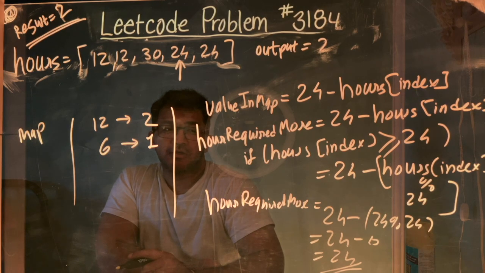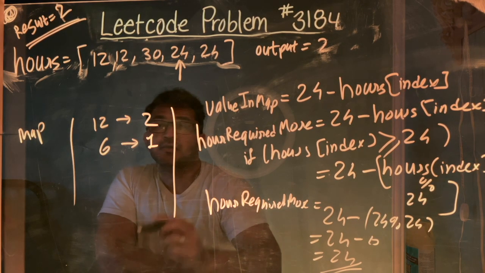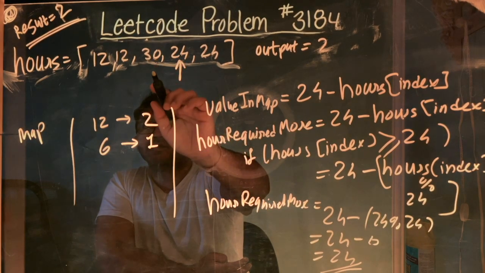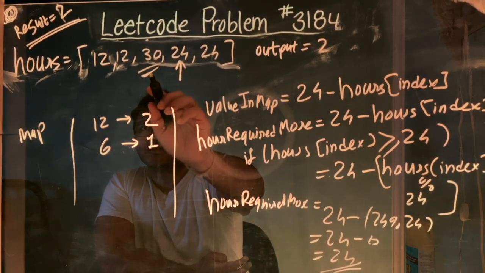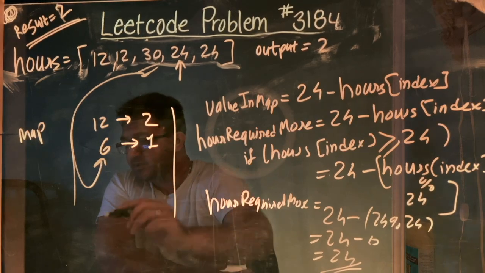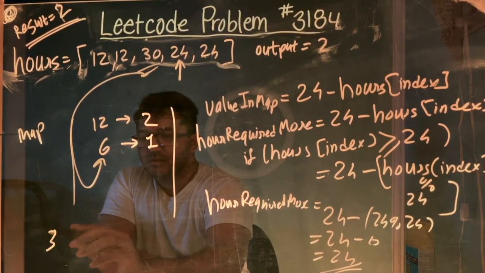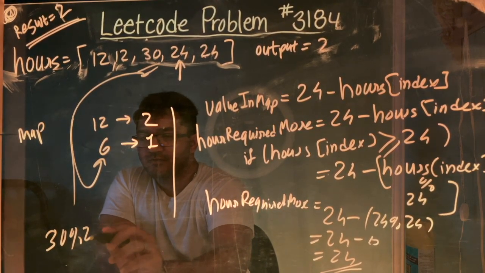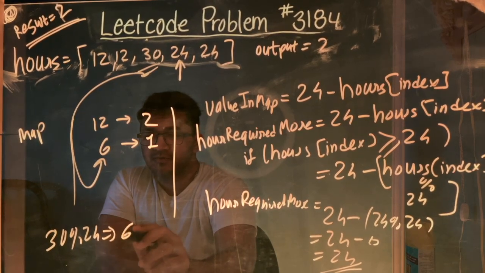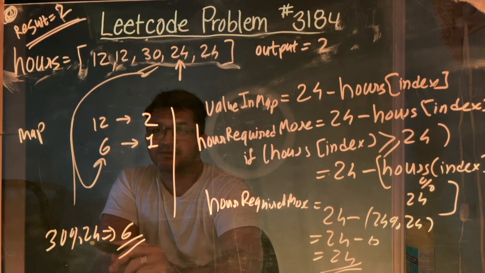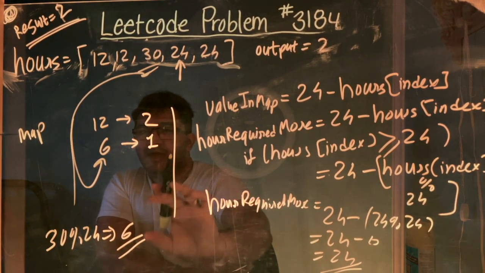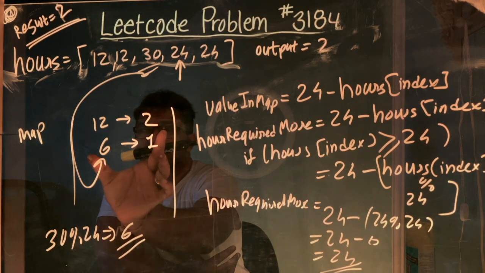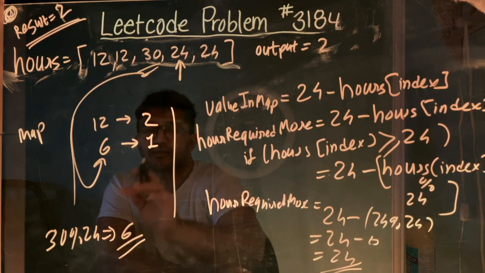The problem here is when we inserted 30 in the map, we did 30 modulo 24. We knew we required 6, so the 6 matters, that's why we put 6 in here. We didn't put the 30.